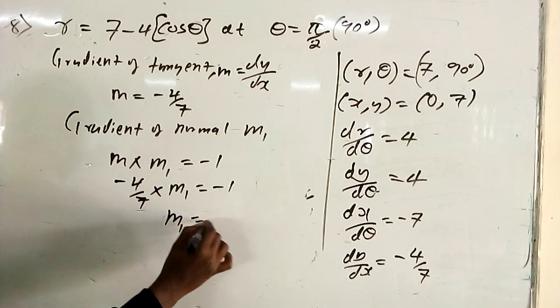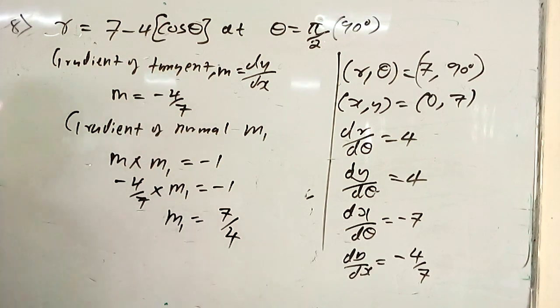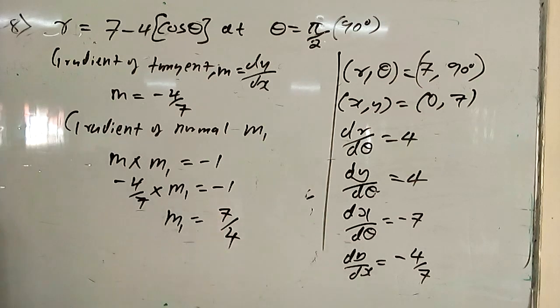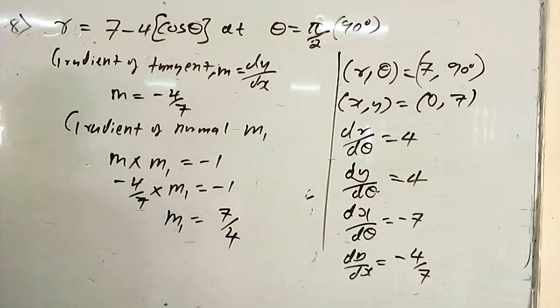You multiply both sides by negative 7 over 4, so that you remain with 7 over 4 as the gradient of the normal.